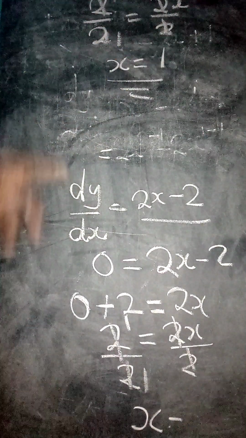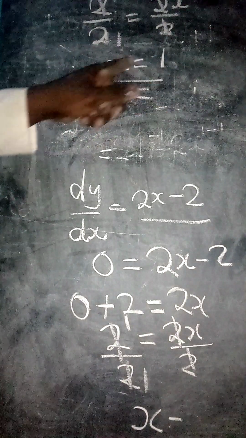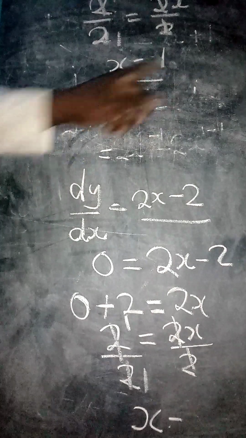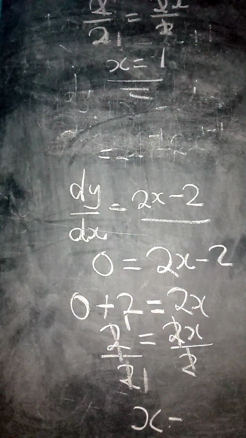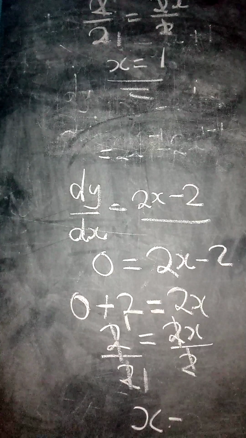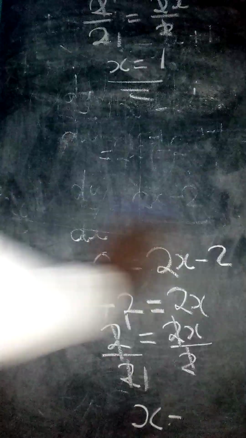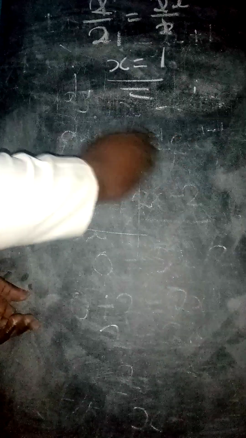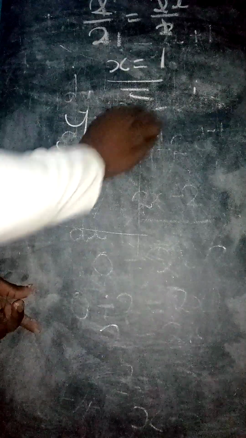So for you to find the value of y, since we have only found the value of x, you now introduce y by using the original equation which you have been given in the question. The original equation was y equal to x power 2 minus 2x plus 1.